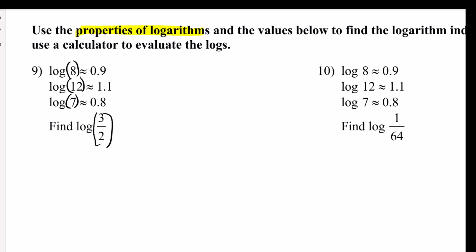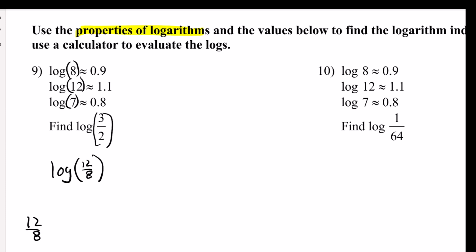So this says log 3 divided by 2. Well, if I look up there, there's not a log 3, not a log 2. But what I do notice is I can rewrite 3 divided by 2 as 12 divided by 8. Right?